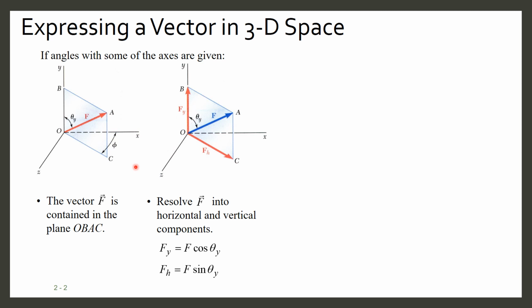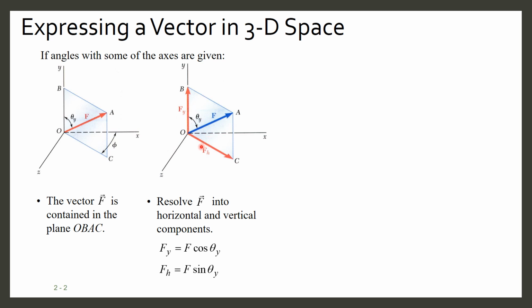Now the first thing we can do is resolve the components of this vector in the y direction and the horizontal direction. For resolving in the y direction, it is very simple because you know this angle. Then Fy will be simply F cos theta y.